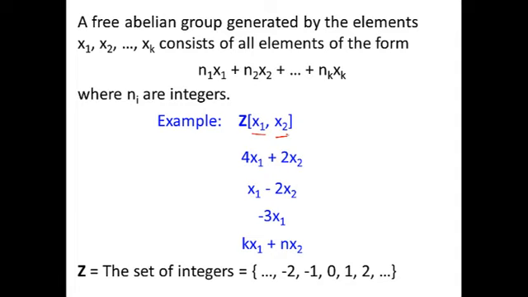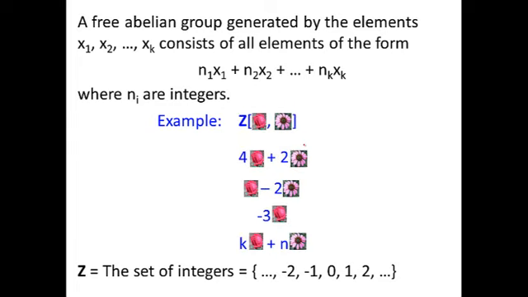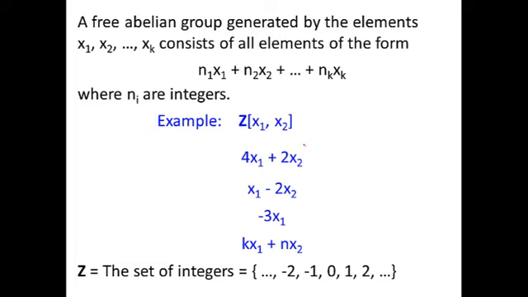Since our coefficients are integers, the free abelian group will be denoted by Z of x1 and x2, where we will use x1 and x2 instead of a rose and a coneflower. Note, we can use any symbols we want, but we will usually stick to letters such as x1 and x2.